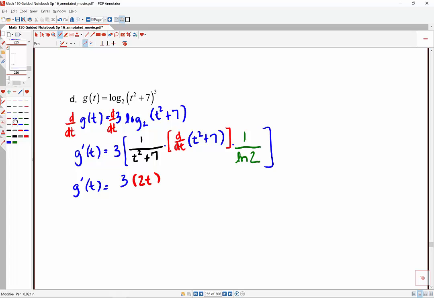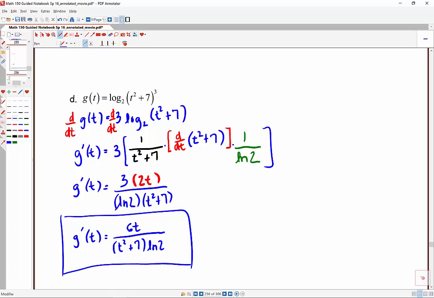And then that'll be over natural log of 2 times t squared plus 7. So cleaning it up a little, we have g prime at t is 6t over, I guess I'll just write it as t squared plus 7 times natural log of 2. Good so far? Awesome.